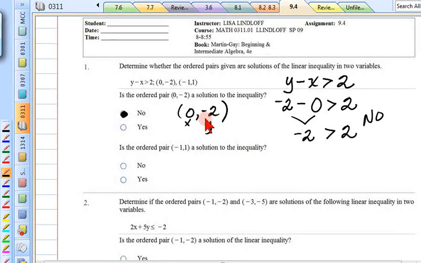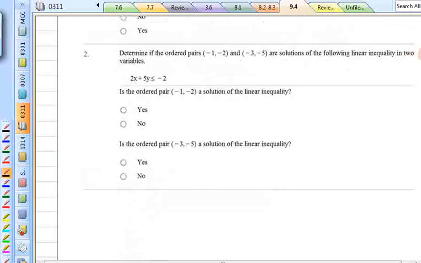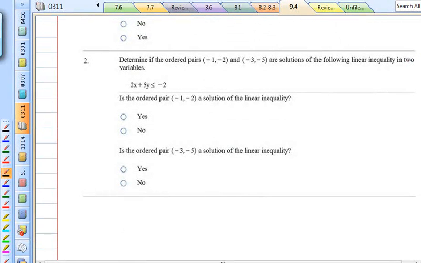What you get to believe from that is that any other point that's on the same side of the line with (0, -2) is also not a solution. All the solutions are together on one side, everything on the other side is not a solution. You have a second part to that we're going to skip. We're going to go to question number 2.